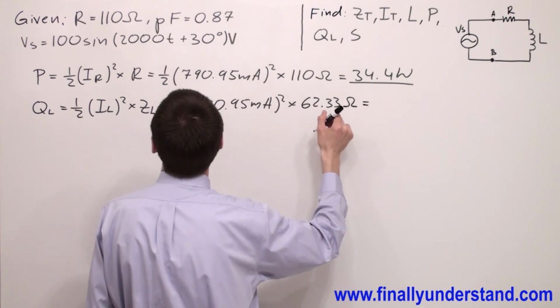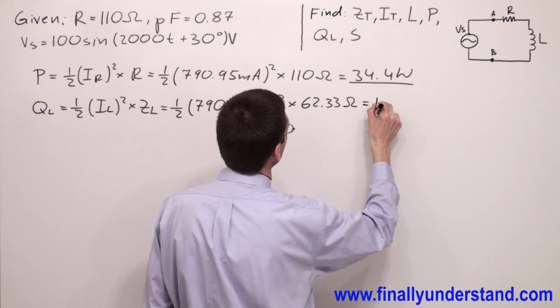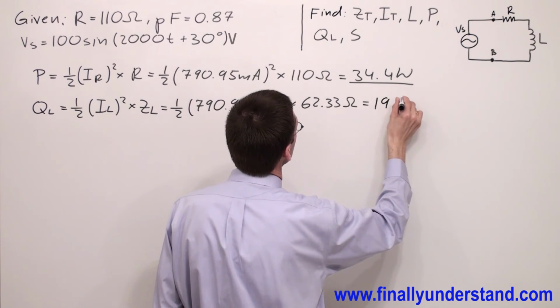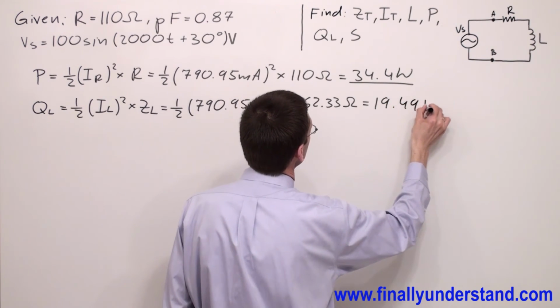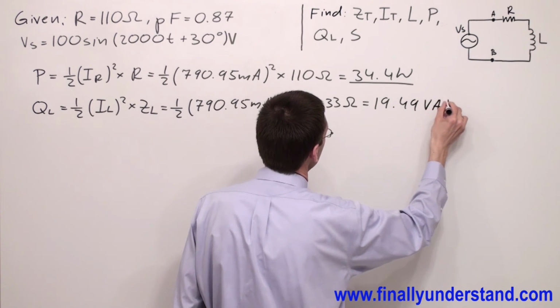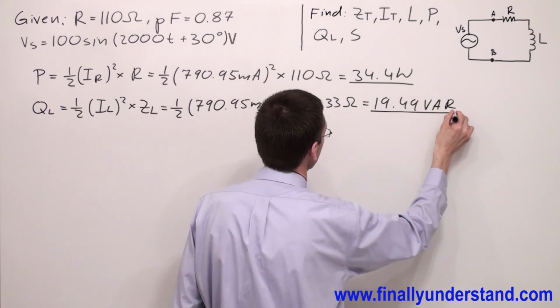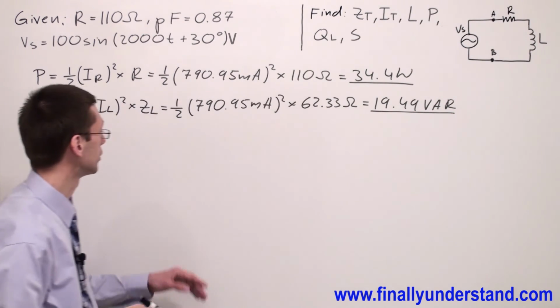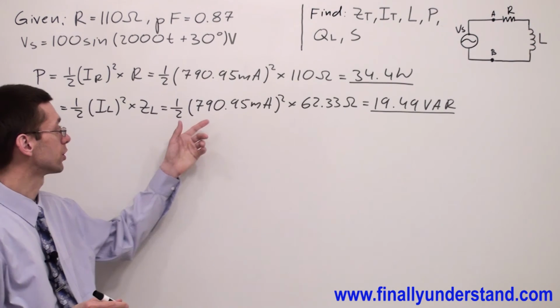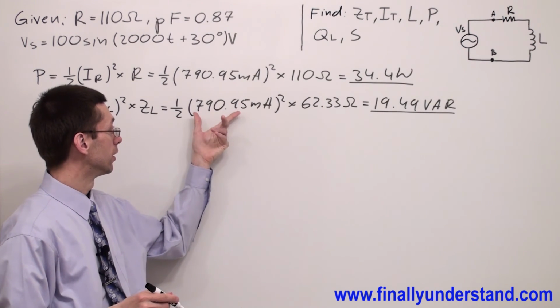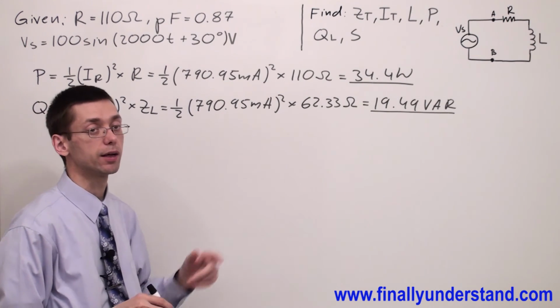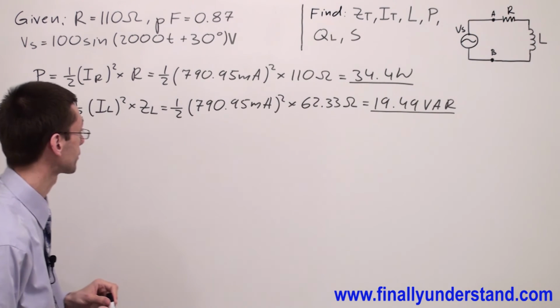Okay, and this is equal 19.49 volt ampere reactive. Again, one more time, I'm using 1/2 because I'm using the peak current. Okay.